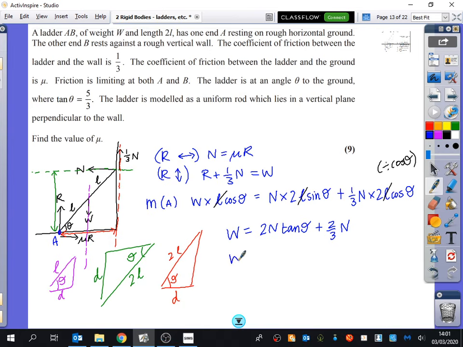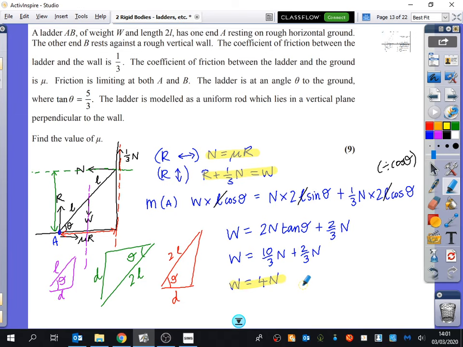So I get W equals 2 times n times 5/3, which is 10/3 n plus 2/3 n. So W is 12/3 n, which is 4n. So all I now have to do is tackle this, this, and this.